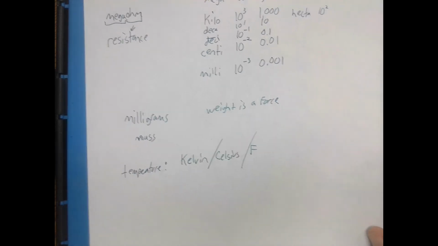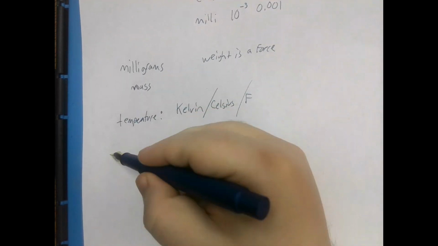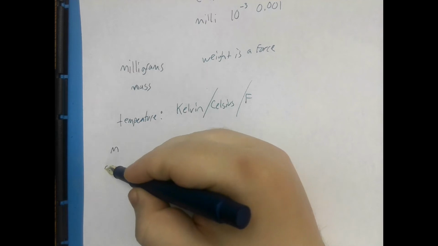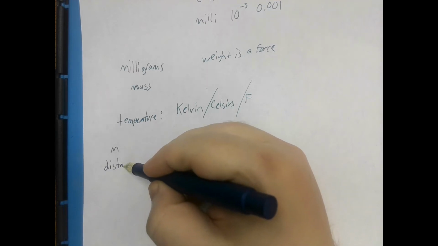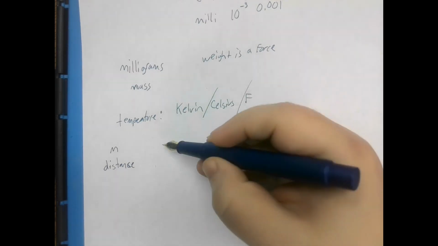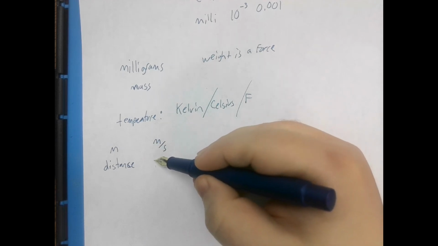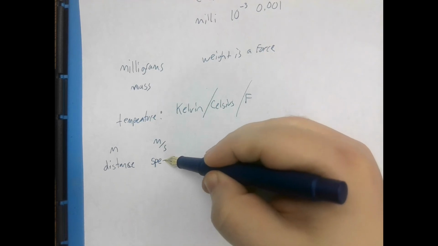All right, so a meter is a measurement of length or distance, right? A meter per second is a measure of speed or velocity.